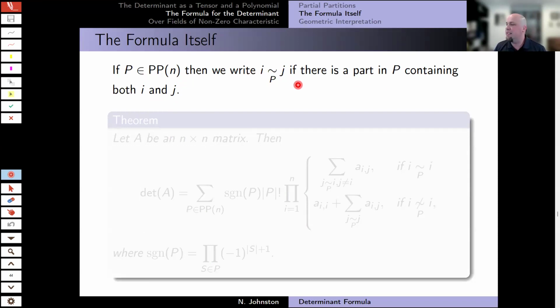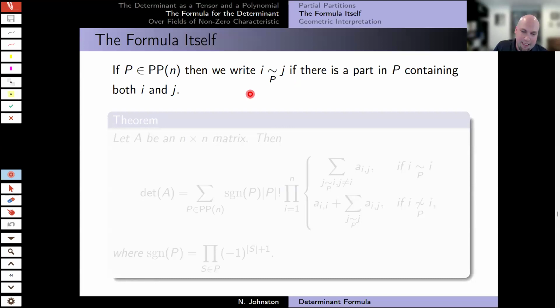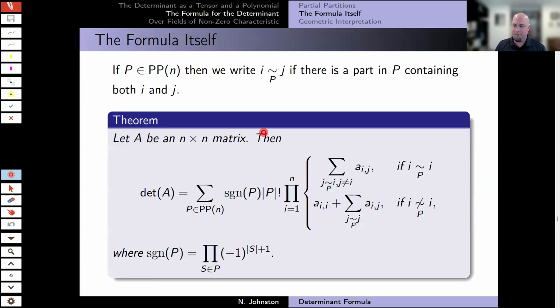It's not an equivalence relation anymore, though, because it's okay that some numbers are missing. It's not reflexive. Numbers aren't necessarily related to themselves anymore. But other than that, it's still symmetric and transitive, but not reflexive. I don't know what that's called, but it's an equivalence relation, but a little bit worse.